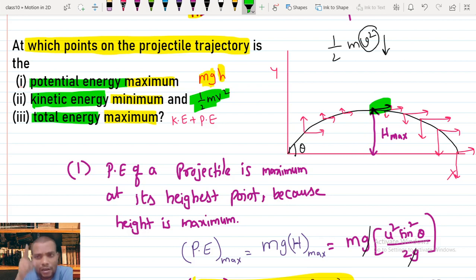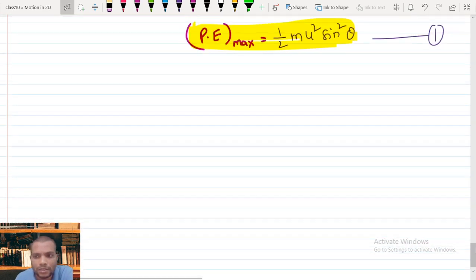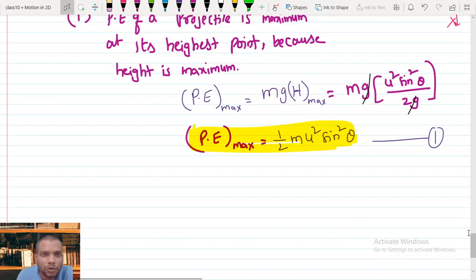The vertical component of velocity becomes 0, and only the horizontal component of velocity remains constant. So in that particular case, the velocity is minimum. That is something unique, peculiar in the projectile motion.